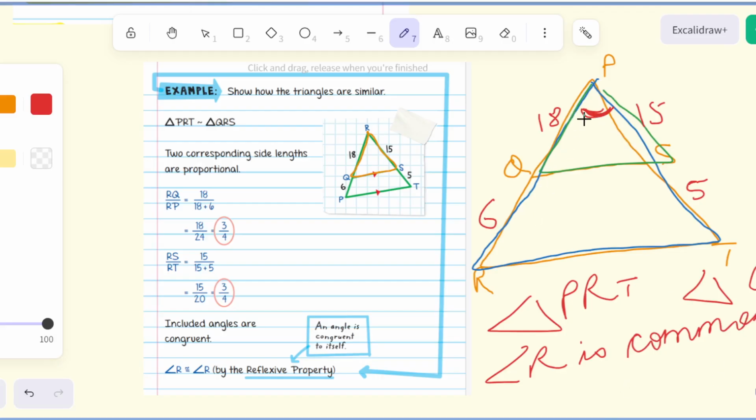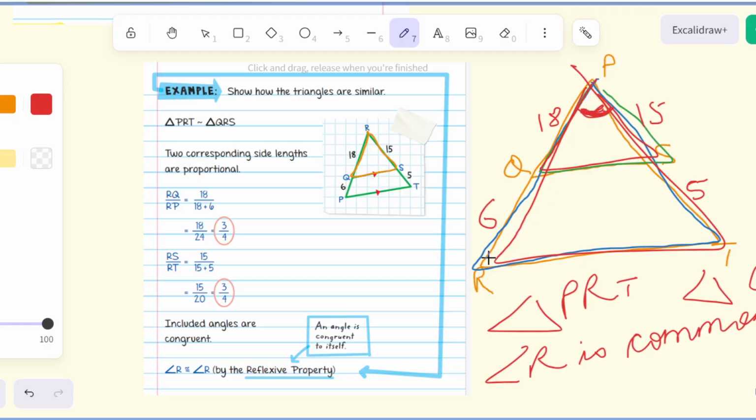Both the triangles have it, on the top. This triangle also has it, and the bigger one also has the same. Angle R is common to both the triangles, isn't it?